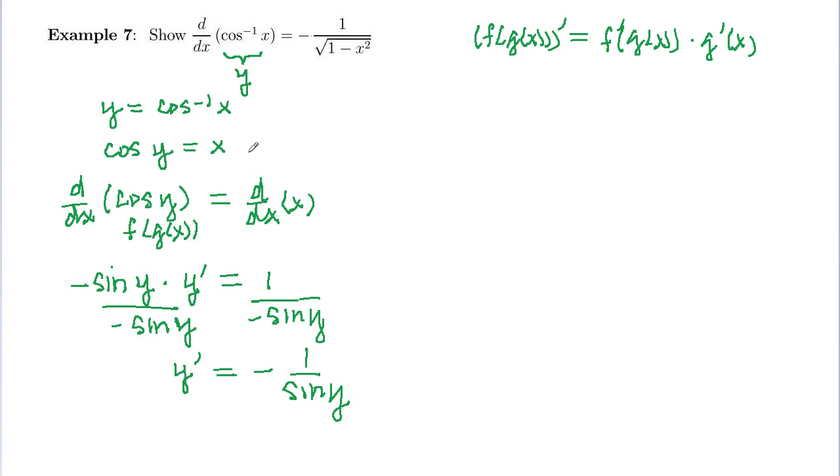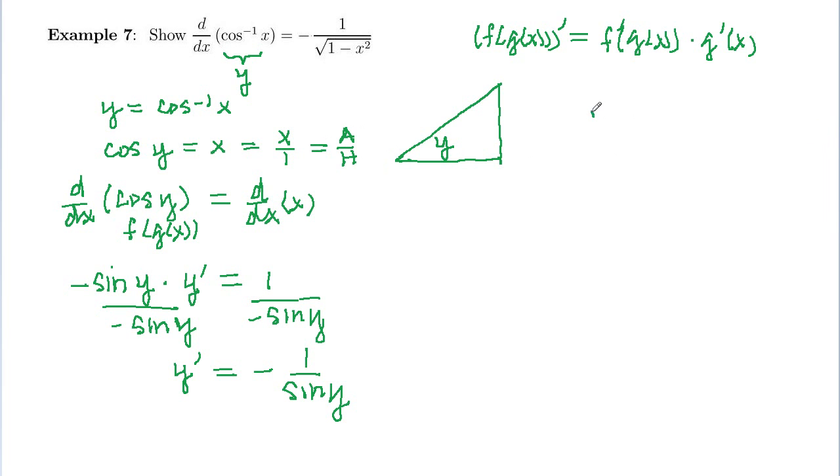Okay, now let's draw a picture of this relationship here. And we'll write an expression in terms of x for sine of y. So here, y is the angle. And the cosine of y is equal to x. Or if you want, that's x over 1, which is, remember, cosine is adjacent over hypotenuse.